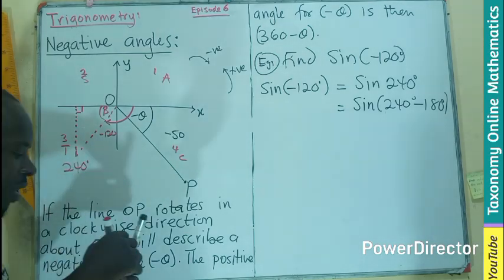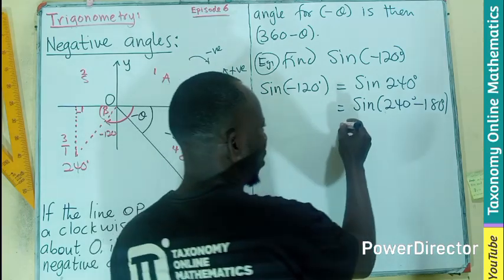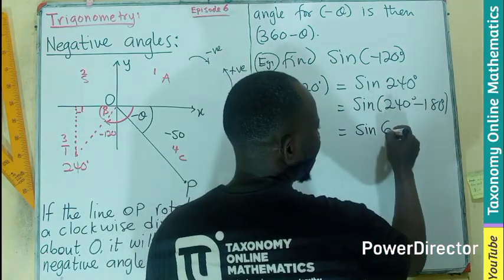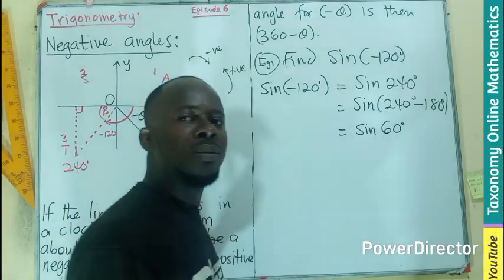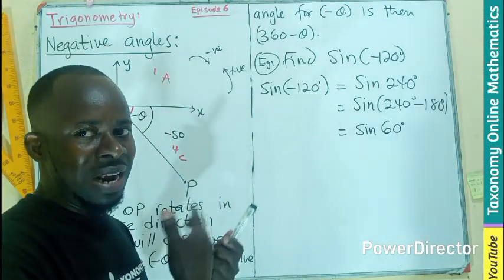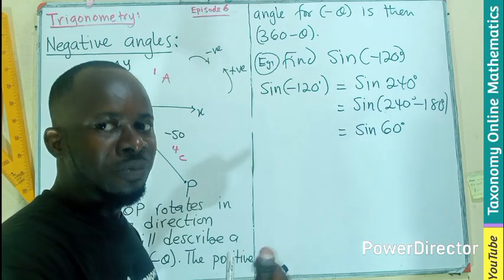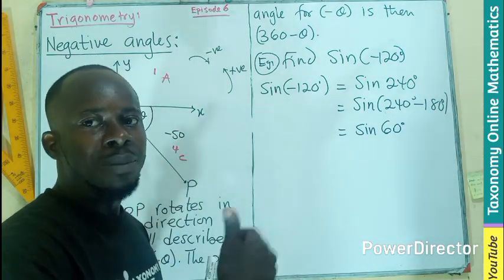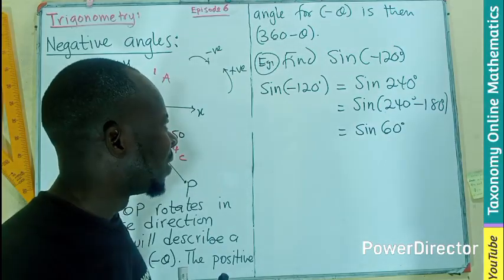If I do this subtraction well, I still have sine of 60 degrees. I am performing all this step by step. You could do this within seconds, but for the sake of the tutorial, for those picking up the basics, we need to take it step by step.